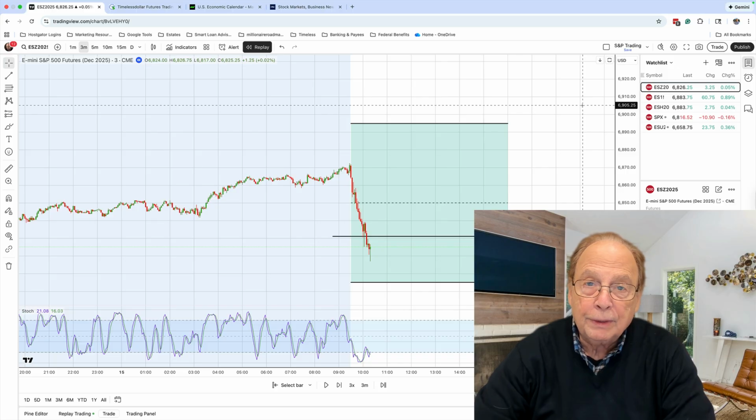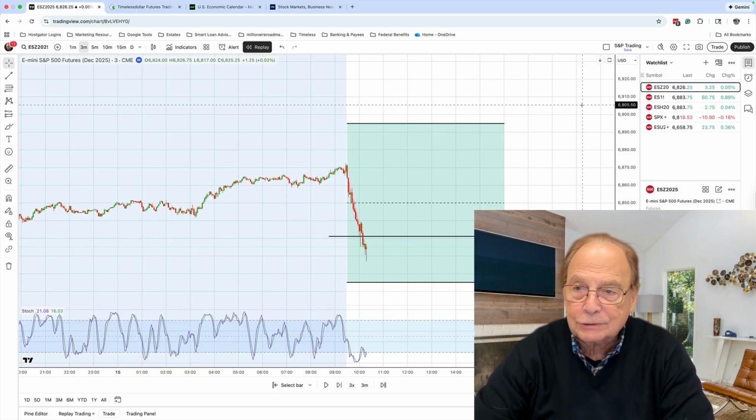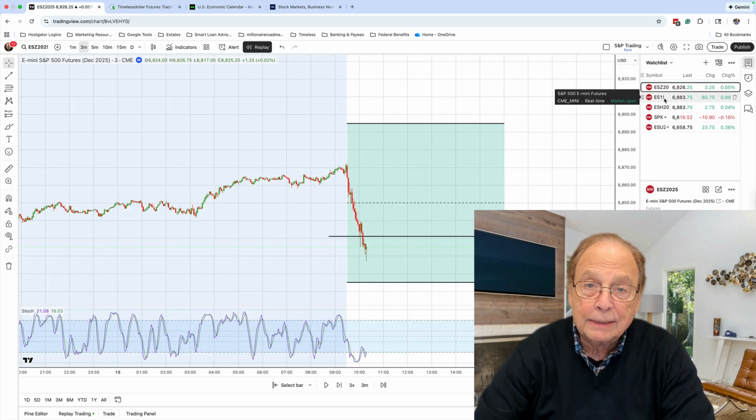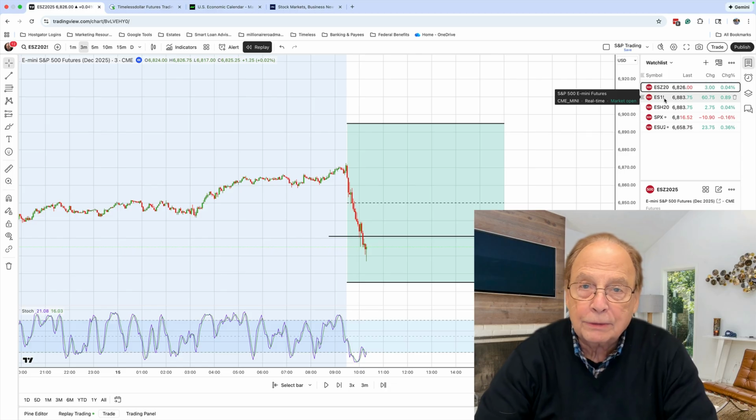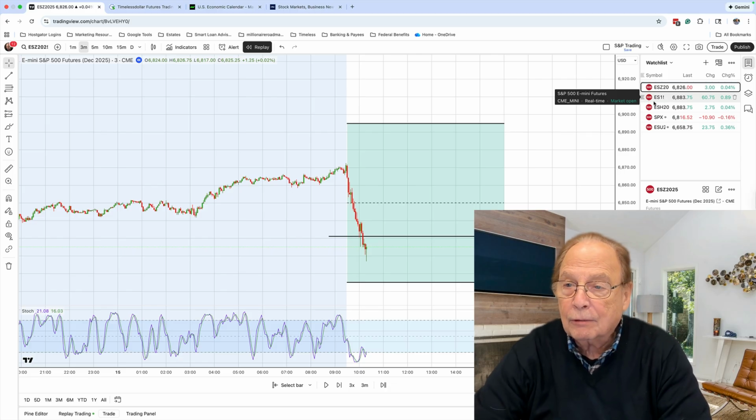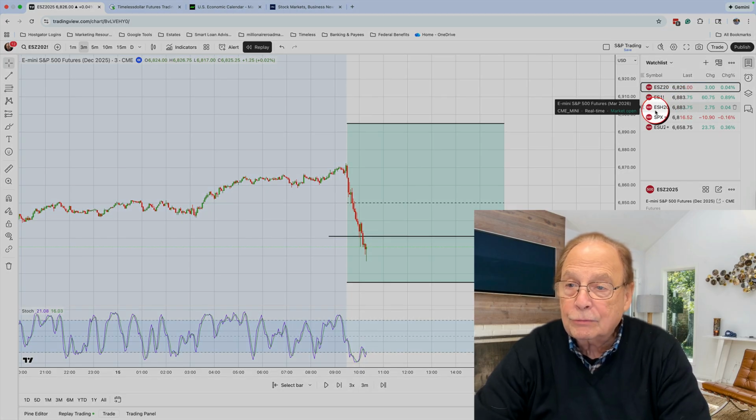I want to say something more about the ESZ contract. We're rolling over to the ESH 2026 contract. And the ES1 is the continuous contract where, if you don't want to switch your chart around, just track ES1 continuously and it corresponds to the contract being traded at that time of year. As you can see right now on Monday, December 15th, it's 68.83, which corresponds to the ESH 68.83.